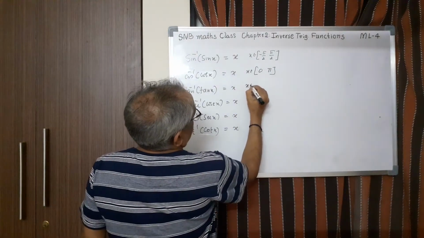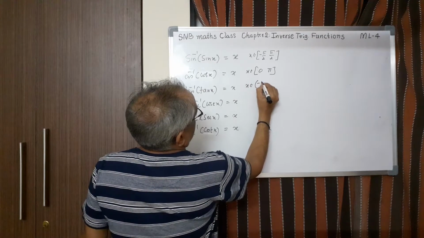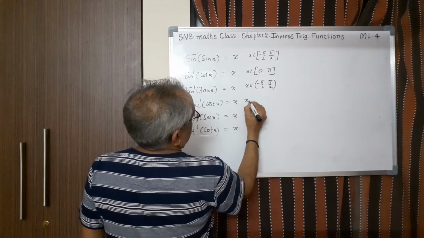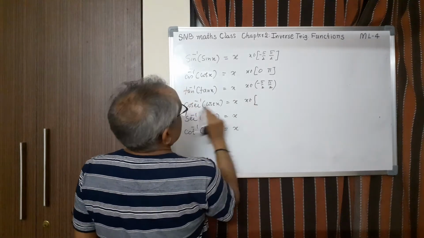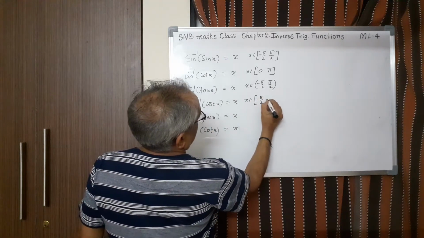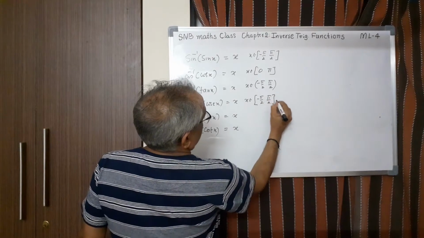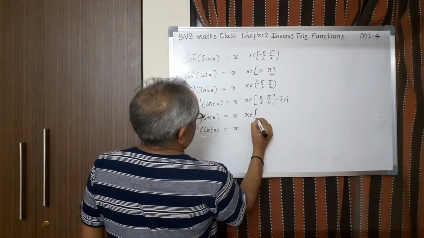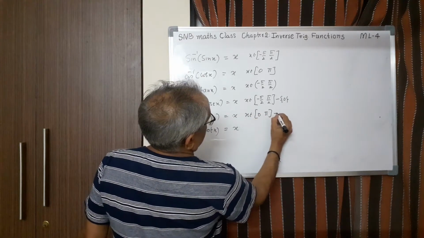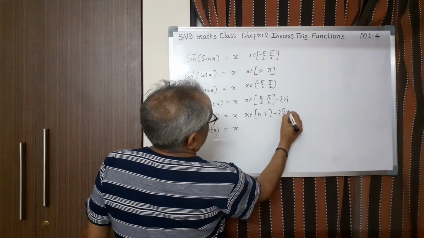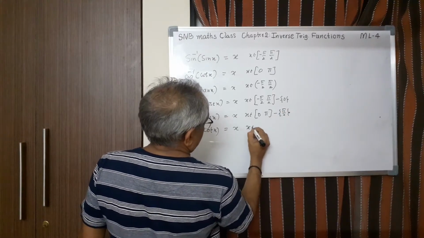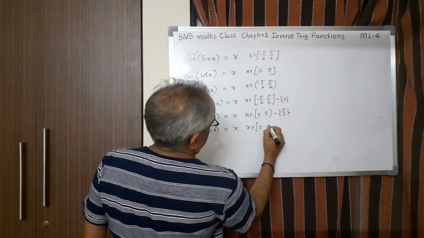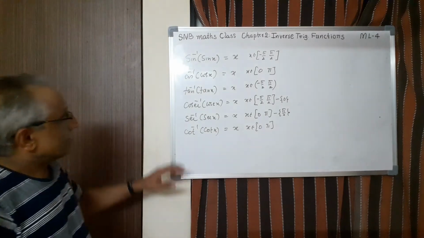Here x belongs to minus pi by 2 to pi by 2. Then here x belongs to the domain of this one, minus pi by 2 to pi by 2, excluding 0. So similarly here x belongs to 0 to pi, excluding pi by 2. And here it is x belonging to 0 to pi. So these are the conditions.